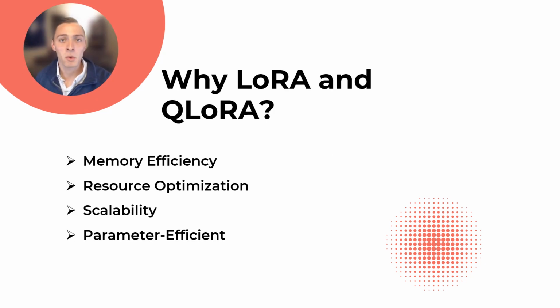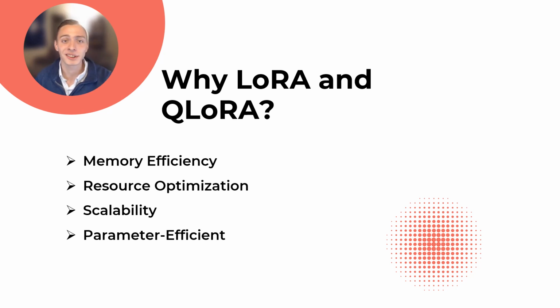Let's talk about why we're using LoRA and QLoRA for our fine-tuning process. These methods are crucial because they offer memory efficiency, which reduces the computational load on our hardware. They also ensure resource optimization, allowing us to utilize existing resources to their maximum potential.